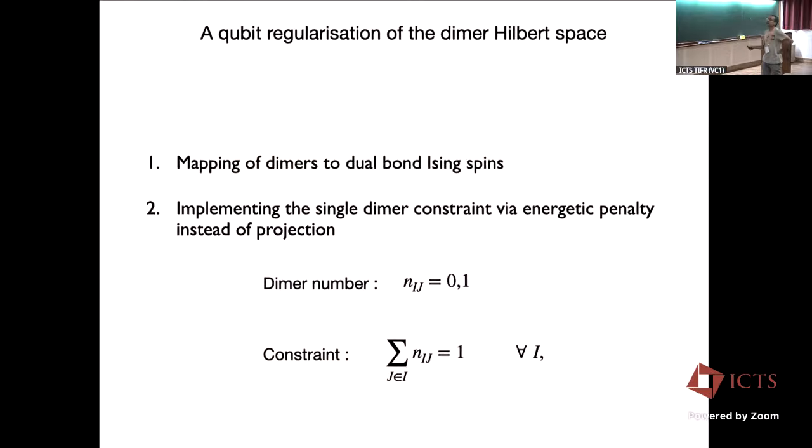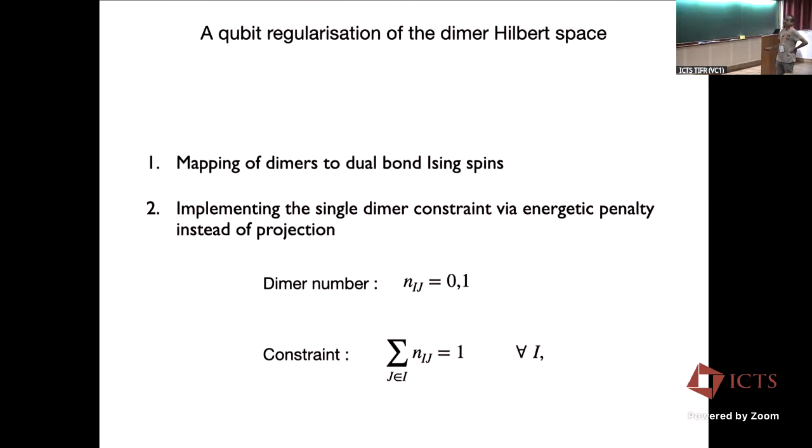So what I'll tell you in the next 20 minutes or so is a particular qubit regularization of the dimer Hilbert space, and this contains two important steps which I'll go through and then walk you through the field theory and the phase diagram. So the first step is mapping of the dimers to dual bond Ising spins, and then implementing the dimer constraints by a particular kind of energetic penalty instead of the projection of removing all the spinful excitations.